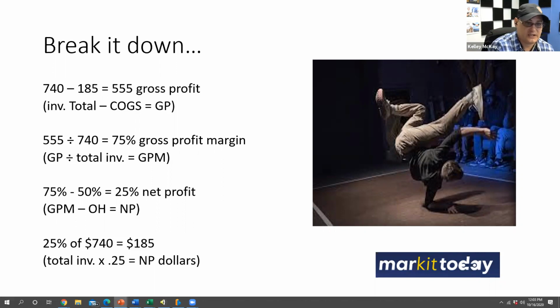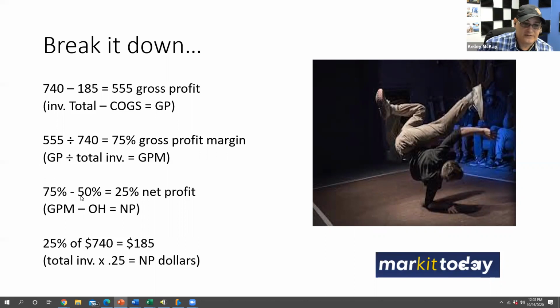If you take the gross profit and you divide it by the selling price, that equals 75% gross profit margin. Margin just means it's a percentage instead of a dollar amount. So then there's the equation for it. Right here's the equation for it.